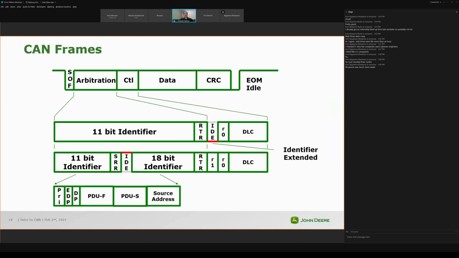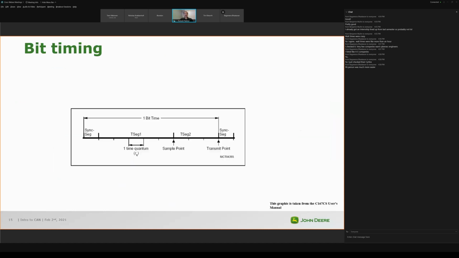So this is a standard that is a lot more flexible, and in the case of an 11-bit identifier, you don't have the same things. All you have is a number, and that's it. But with a 29-bit, you also have a source address that tells you who is sending it.